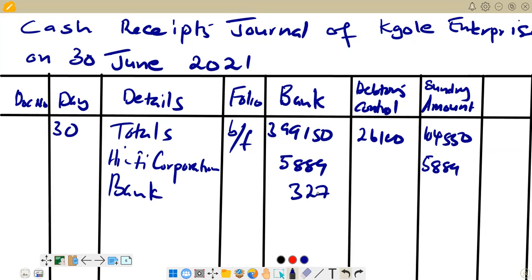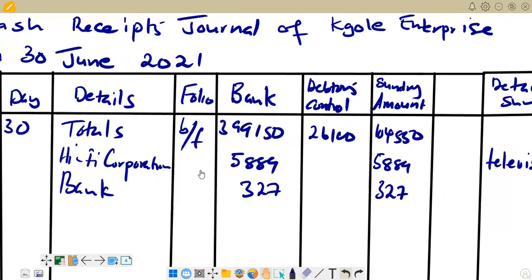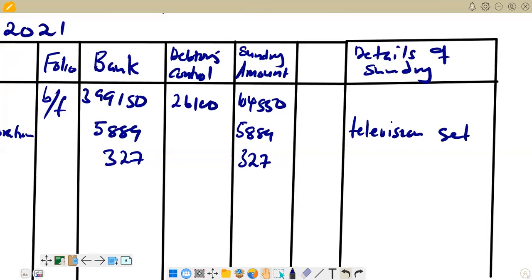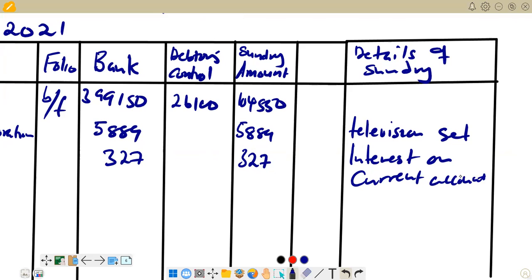It's not debtors, so we are going to put it under sundry, 327. Then on the description part, we are saying this is interest on current account. So this is what we have in terms of this transaction.